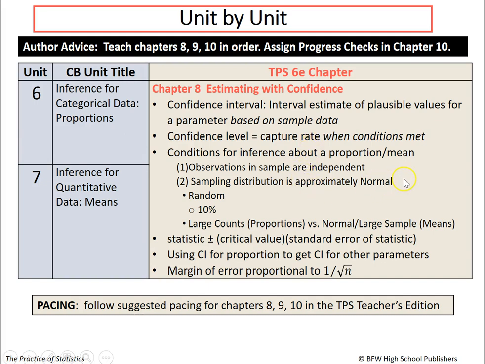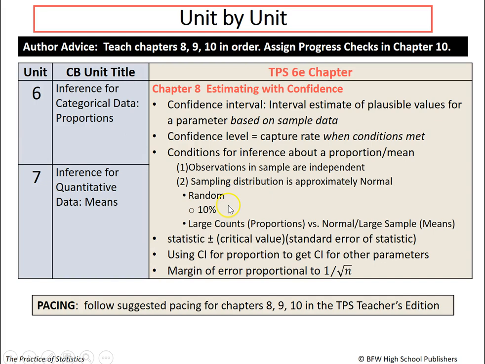Also, the course framework has decided to emphasize two primary purposes when checking conditions. One is verification of independence, in this case with one sample, that the observations in the sample are independent of one another. And the second is that the sampling distribution that underlies our inference is approximately normal.